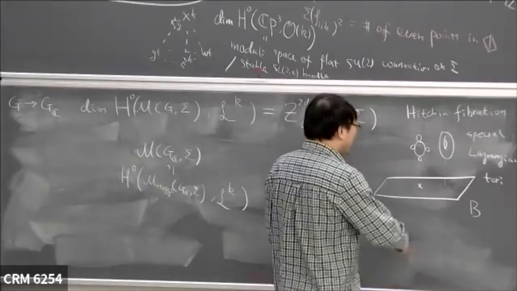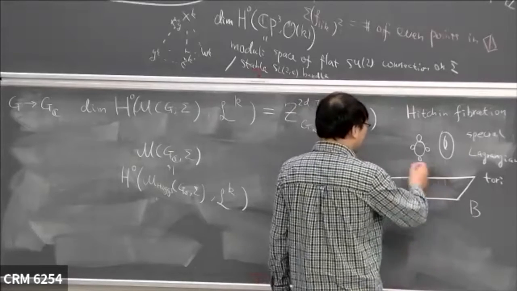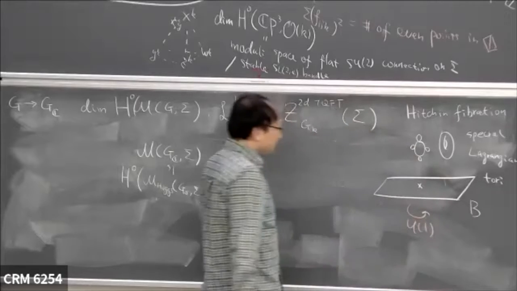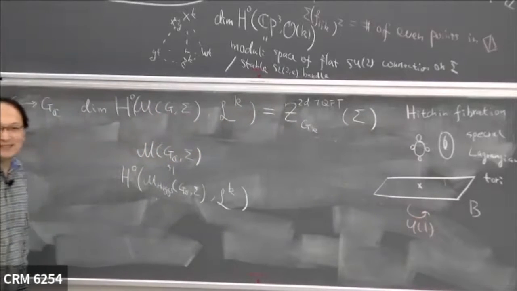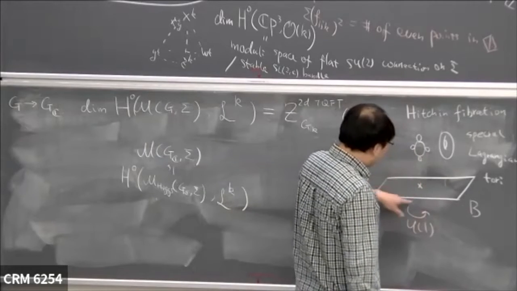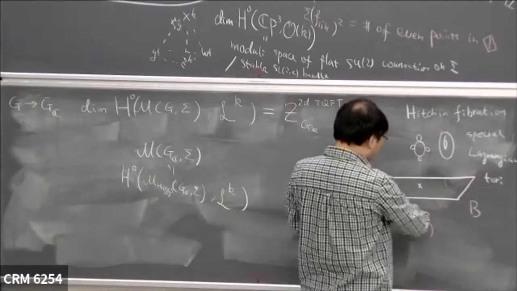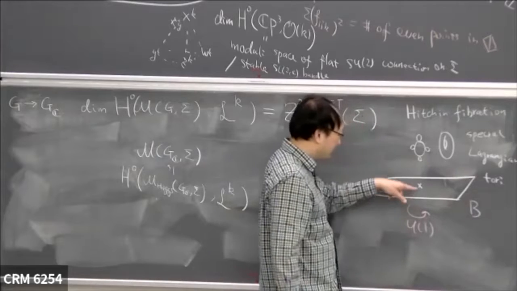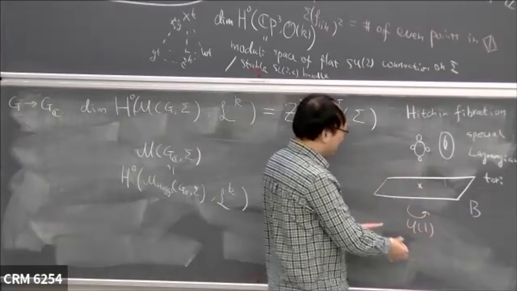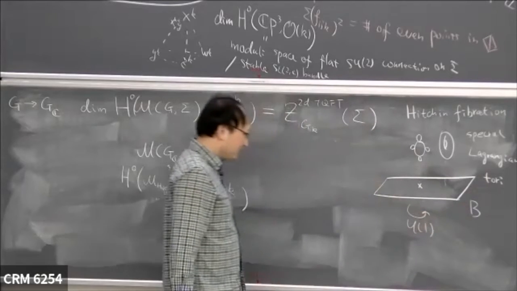Another interesting feature of this space is that there is a U1 action, sometimes referred to as the Hitchin action, that acts as isometry. Over the base it is just some rotation around the origin, but over the entire space it is some interesting non-trivial action.